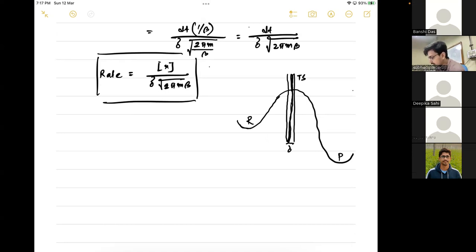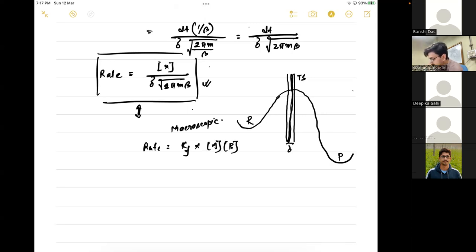Now at this point, let's compare this microscopic formula, this is all microscopic, with the macroscopic rate equation. In chemical kinetics, we know that the rate is equal to some effective constant times the concentration of reactant molecules.